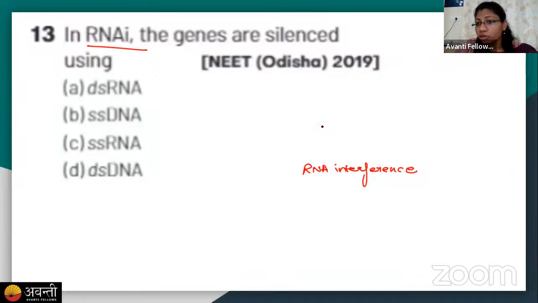Okay, you have already lodged your answer, so let me end the poll. As you can see, you have opted for option A. Yes, RNAi, that is the RNA interference technique, has been used for pest control, against tobacco plants.